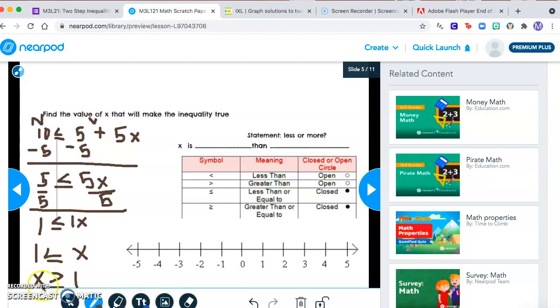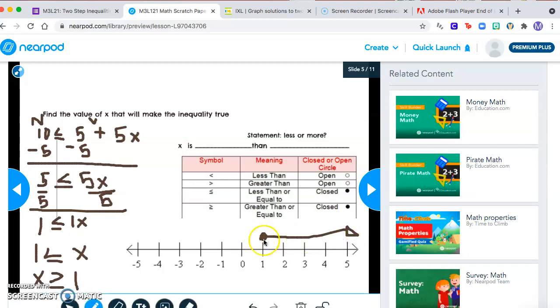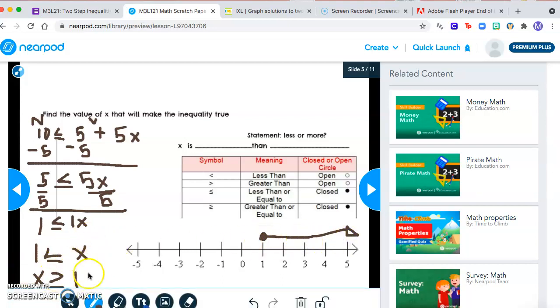So remember that you're always reading it from x's perspective, so this would be x is greater than or equal to 1, and so you highlight all the numbers that are bigger than 1. So remember that you are always reading it with the perspective of x. So if you have any further questions, feel free to let me know, and you could use this Nearpod to show your work.